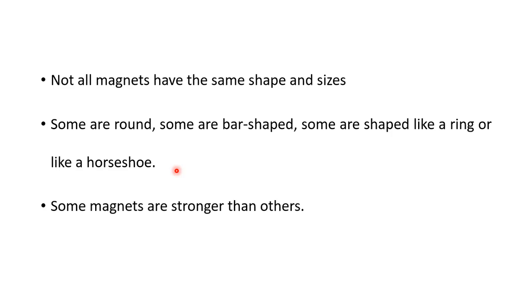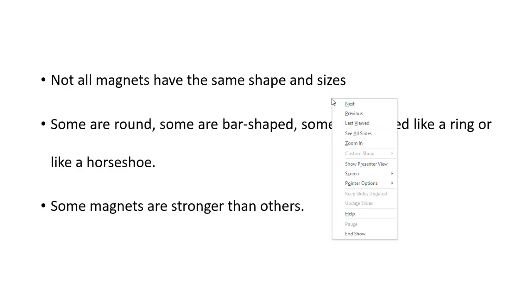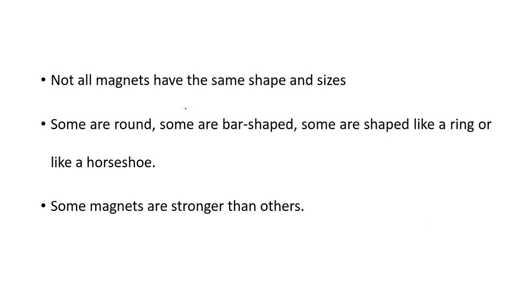What you have to know is that not all magnets have the same shape and sizes. Some magnets are round, some are bell-shaped, some are shaped like a ring, like that of a speaker.